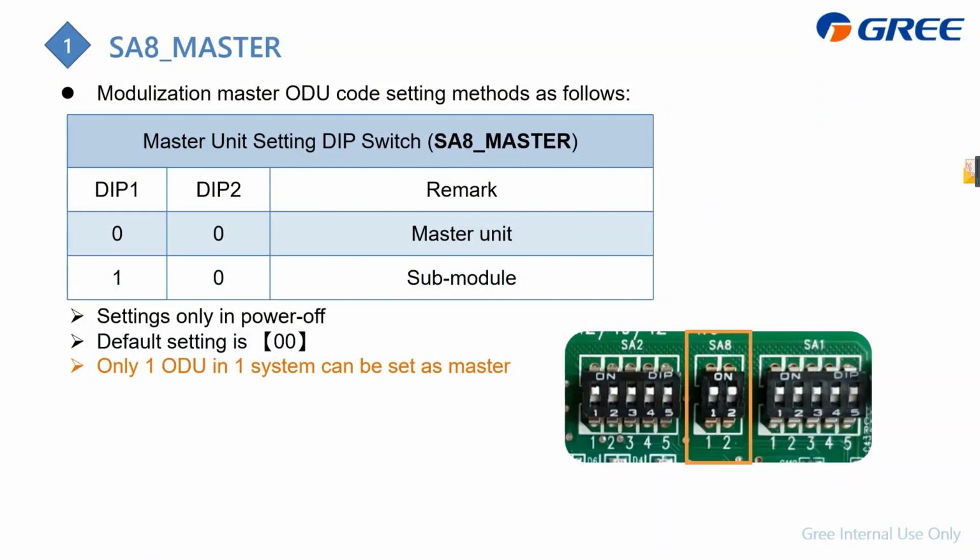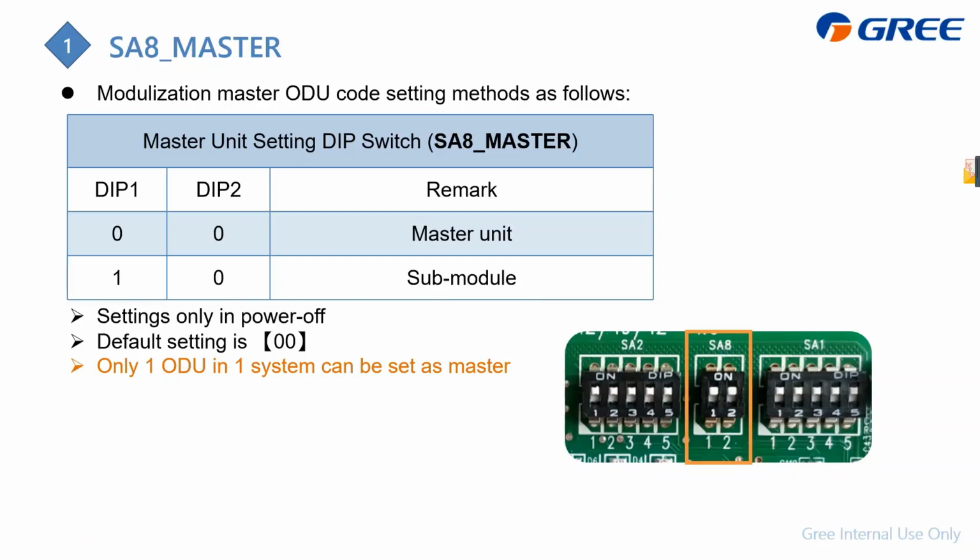And SA8 is the master setting. We know GMV can be modularized. But for multiple outdoor units, we should set one outdoor unit as the master outdoor unit. The master is 00, and the other slave modules should be 10.